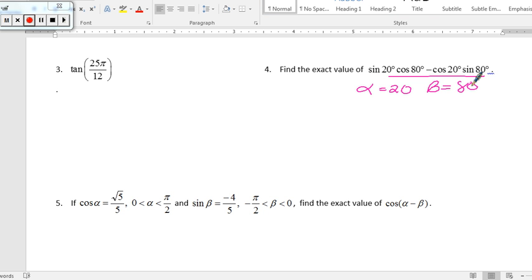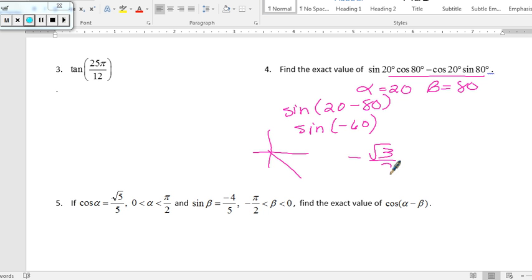Okay. So this is really the sine of 20 minus 80, which is the sine of negative 60 degrees, which would put us down here in quadrant 4 at negative 60, and the sine value for that is negative square root of 3 over 2.